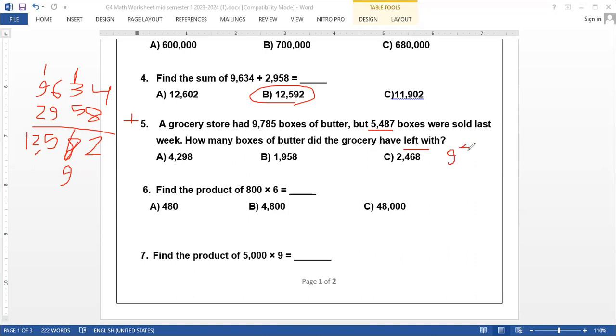Here we need 9,785 minus 5,487. Look, I'm lining them up. I put the ones below the ones. Here we have 5 and here we have 7. Here, guys, we have to regroup again. If you subtract 7 from 5, can we? We cannot, because 7 is greater than 5.